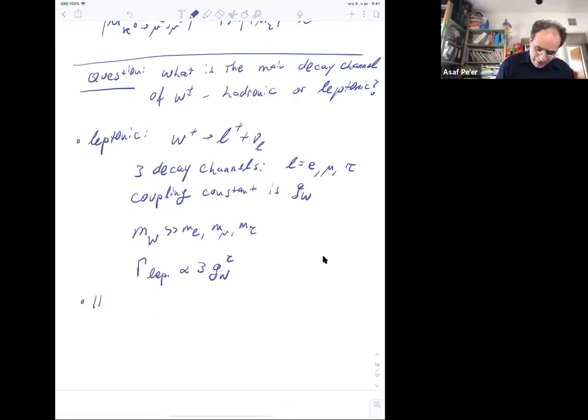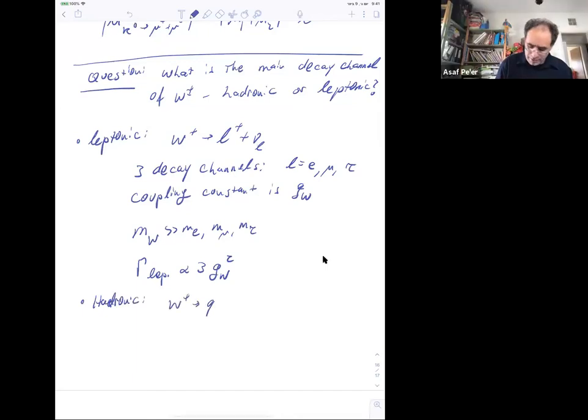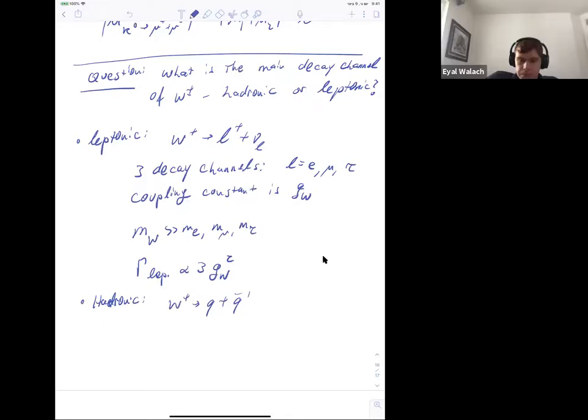Now let's look at the hadronic. W plus would go into a quark plus some sort of an anti-quark. Now naively, how many options do we have here? 9, right?